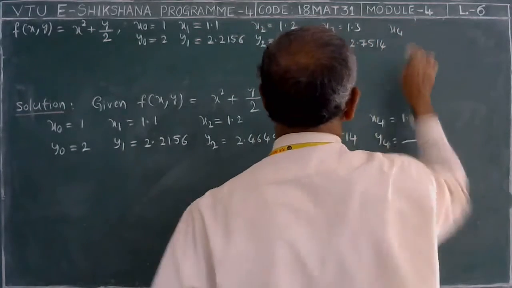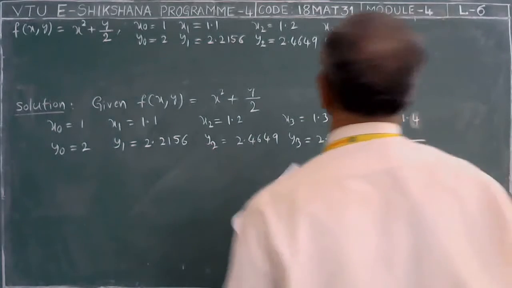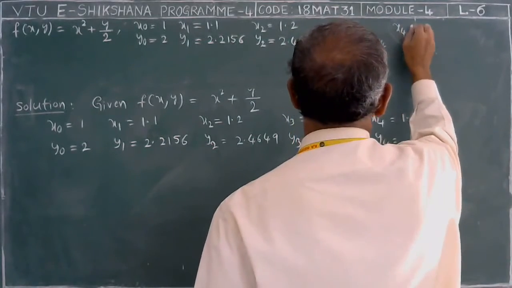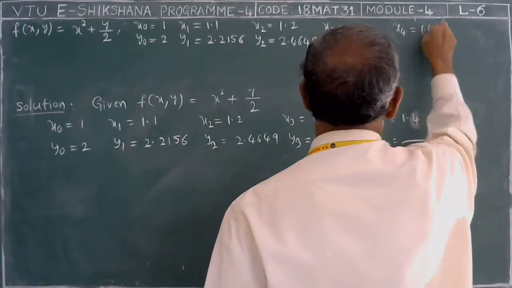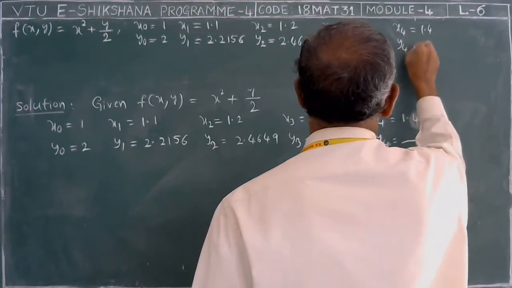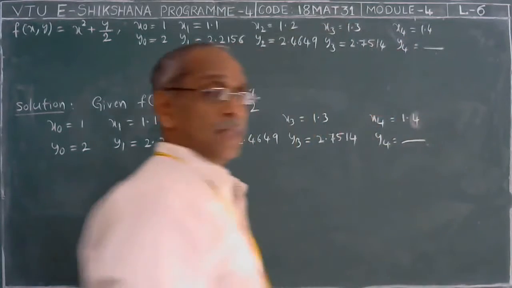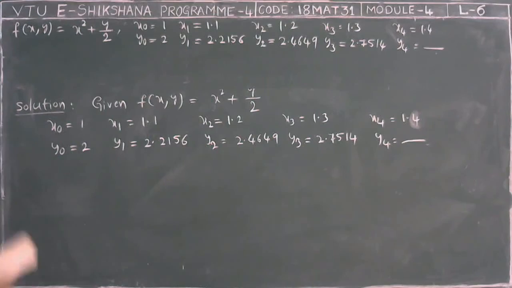And the next value of x is x4, 1.4. So this value we have to find using Milne's predictor corrector method.